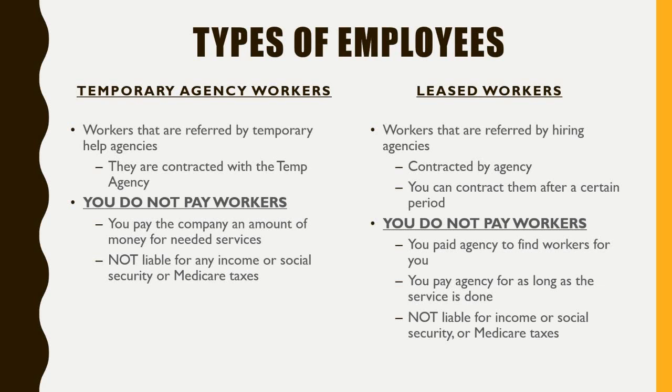They are the ones that find work for the individual. The big companies pay Robert Half to find these individuals to work for them. And usually it's a temporary project or a very small temporary job.